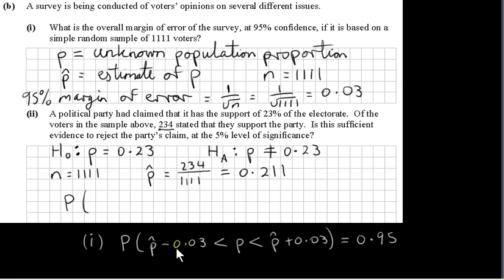Let's just write down this statement for p hat equals 0.211. So we're going to have 0.211 minus 0.03, that gives us 0.181, less than p, less than p hat plus 0.03, so 0.211 plus 0.03. That gives us 0.241, so this probability we know is 0.95.